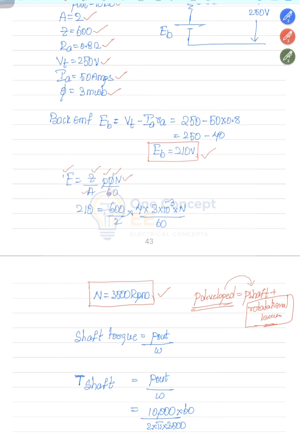Shaft torque means the motor's rotating shaft is coupled to some load, and it will deliver shaft power to that particular load. If shaft power plus rotational losses, meaning P frictional, it will be the developed power.